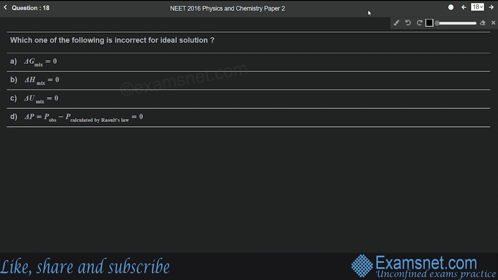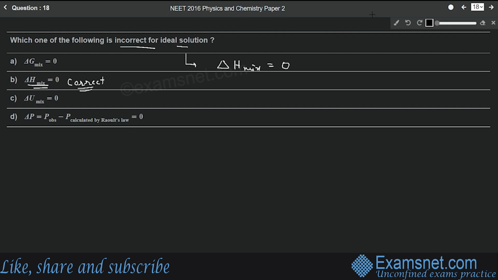Question number 18 is from the chapter solutions, and the question is, which one of the following is incorrect for ideal solution? Okay, so we know that in an ideal solution delta H of mixing, that means enthalpy of mixing, is 0. So option B cannot be the answer here, because this is correct for ideal solution and we have to find out the incorrect.